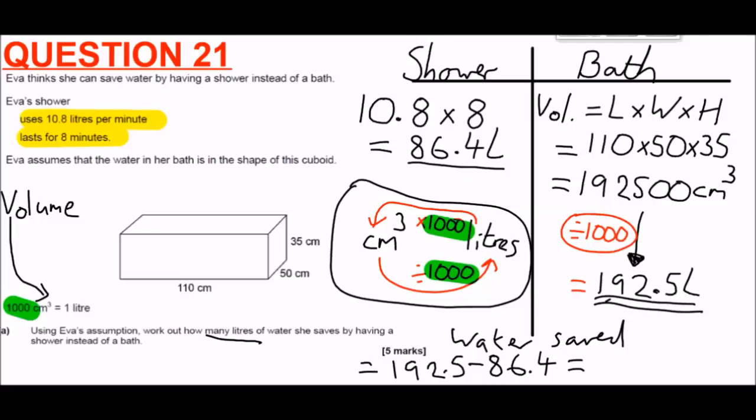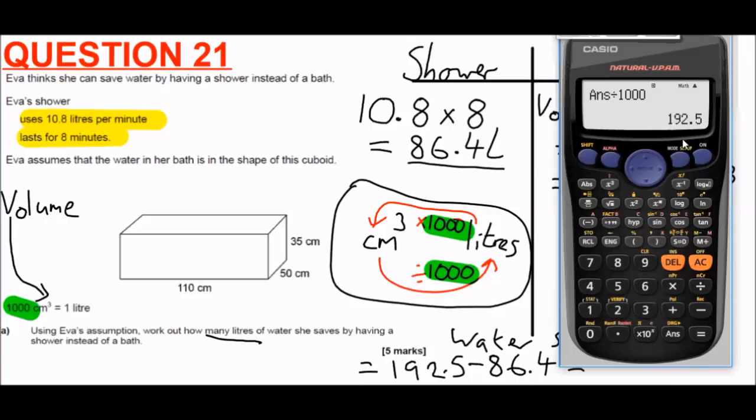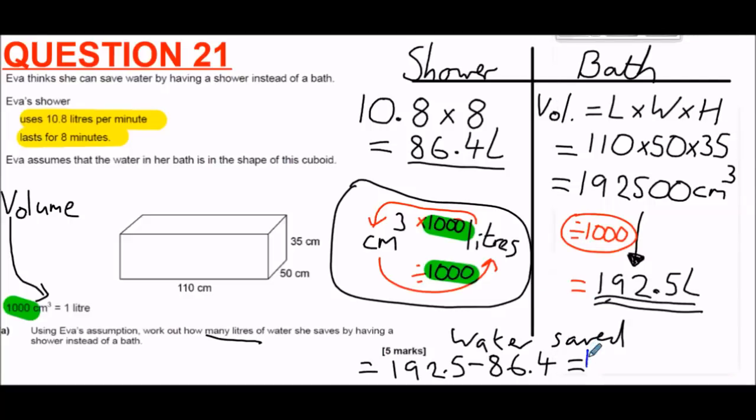And so working out this calculation, 192.5 subtract 86.4, we'd get 106.1 litres. So she'd actually end up saving, according to this, 106.1 litres.